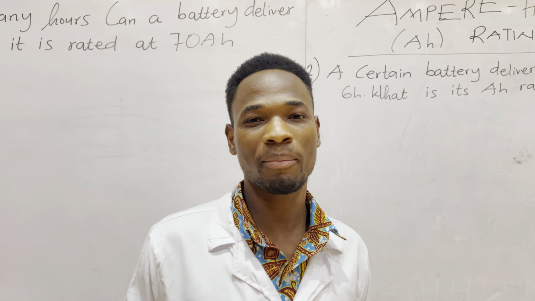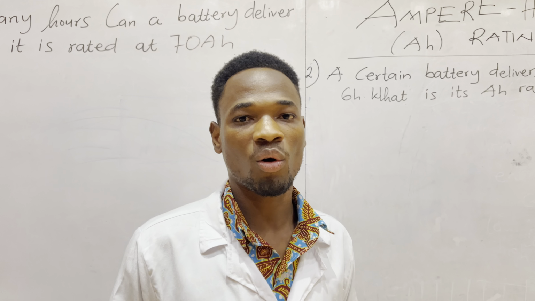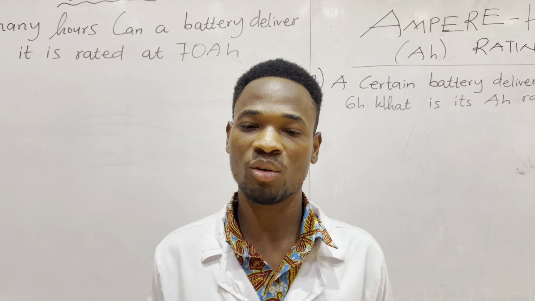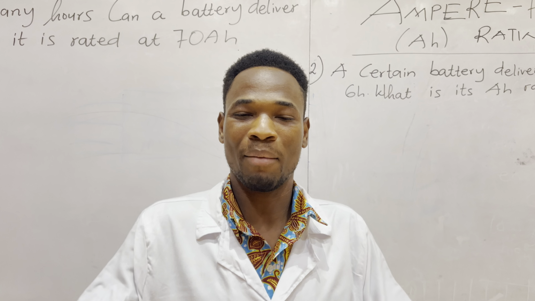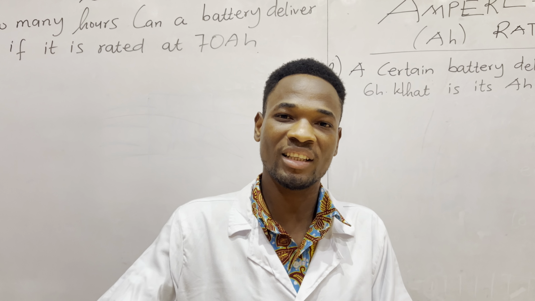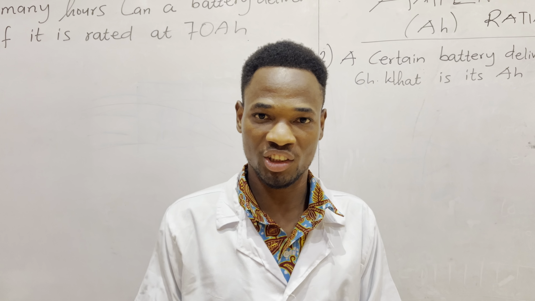Let's do a little bit of recap. We said the concept behind Ampere-hour rating of a battery simply measures the time the battery can deliver current to, let's say, a source at a fixed voltage.